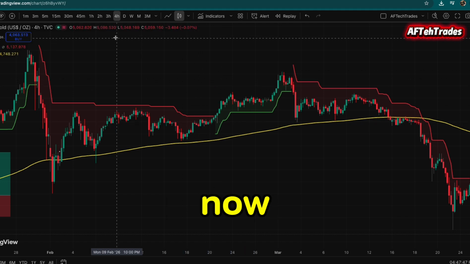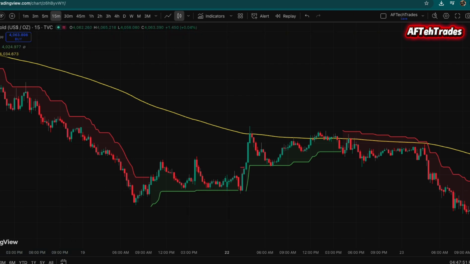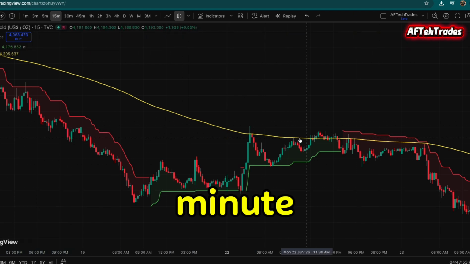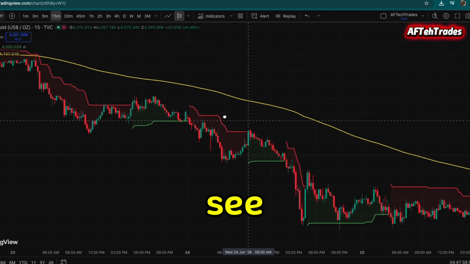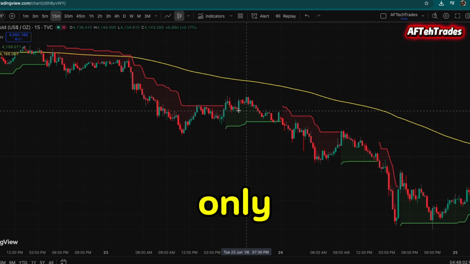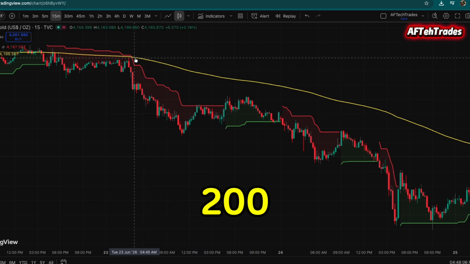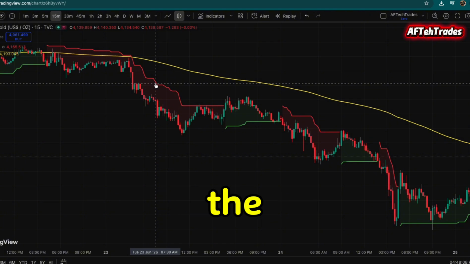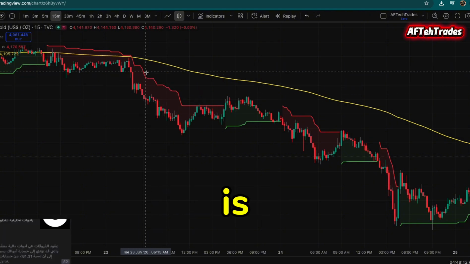Okay, now let's look at the 15-minute time frame and see how it is there. You can see this is the 15-minute time frame. You can see how it is going very well. You only take a short position when the super trend is below the 200 EMA and it is red.